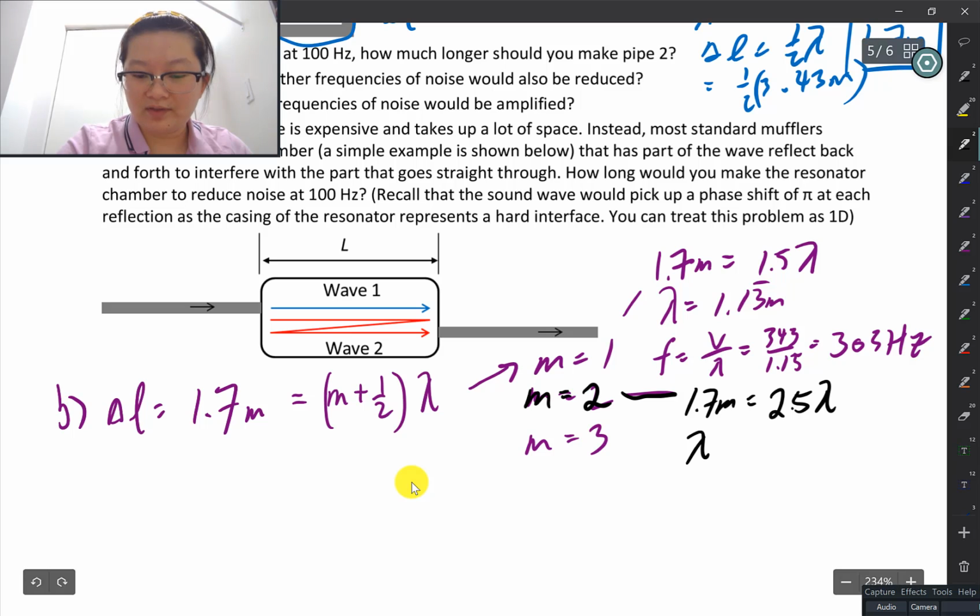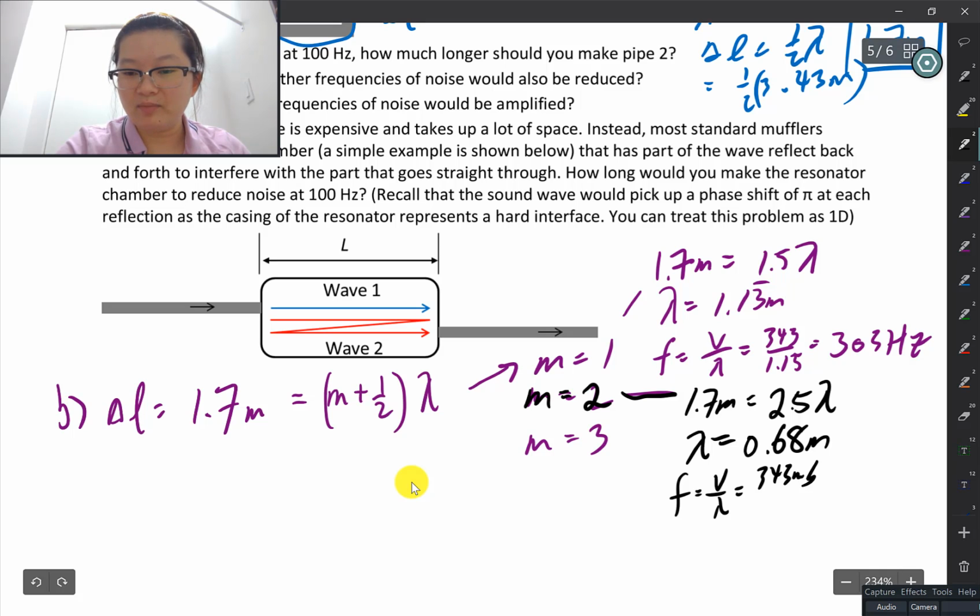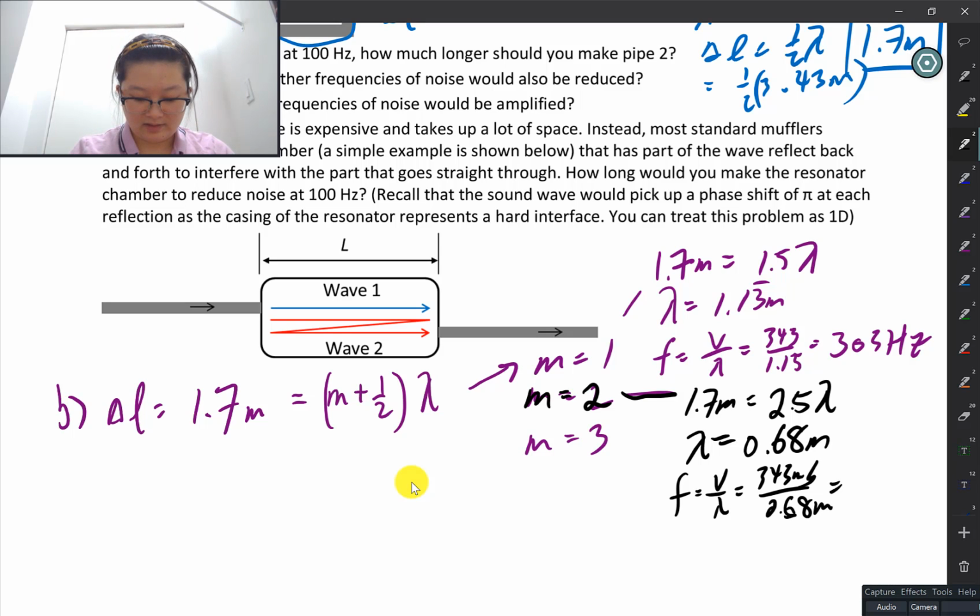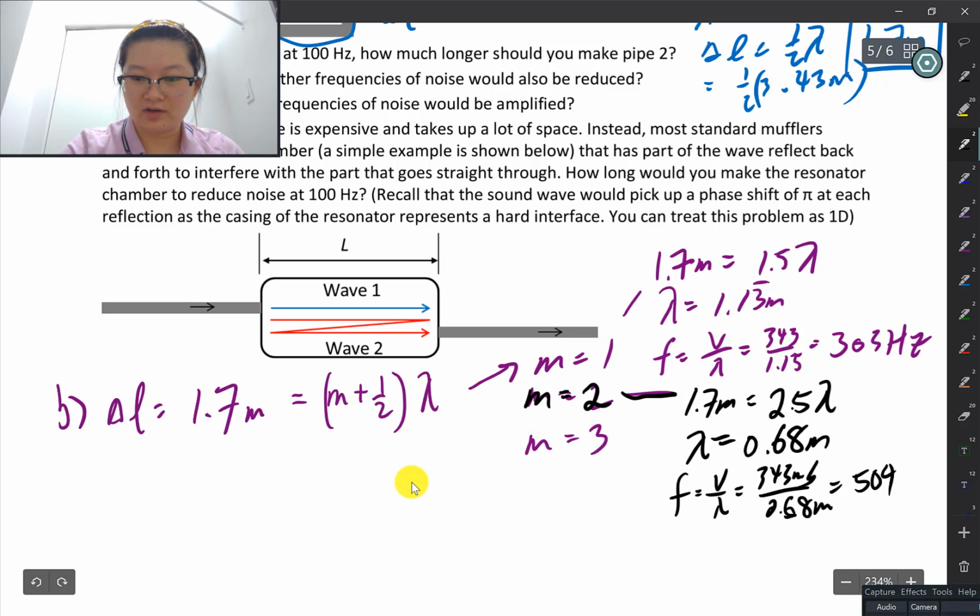I'm going to get a wavelength of 0.68 meters. For the frequency, that's going to be the wave speed, 343, divided by 0.68 meters, and that's going to give us 504 hertz.